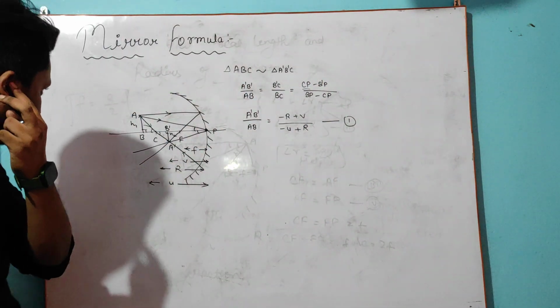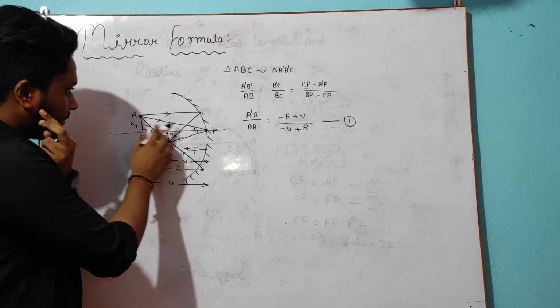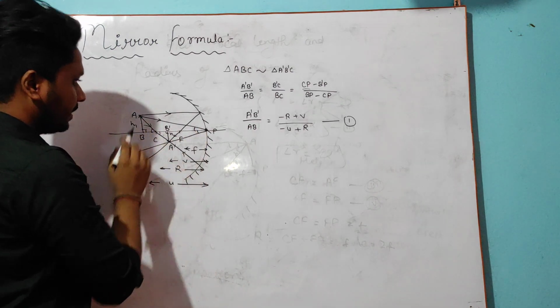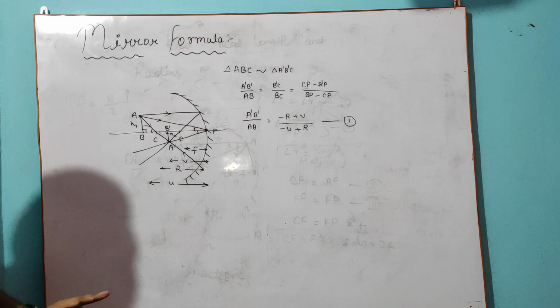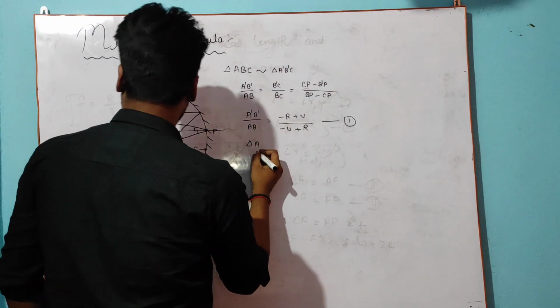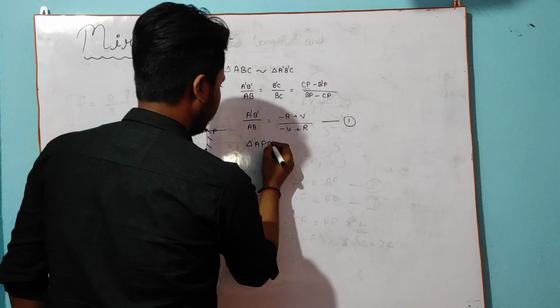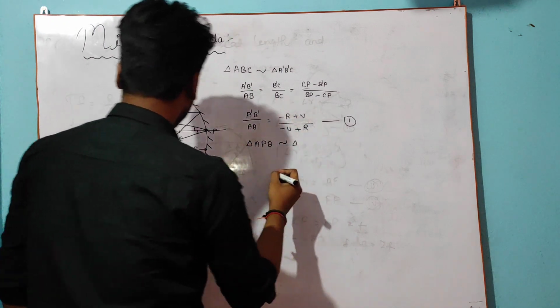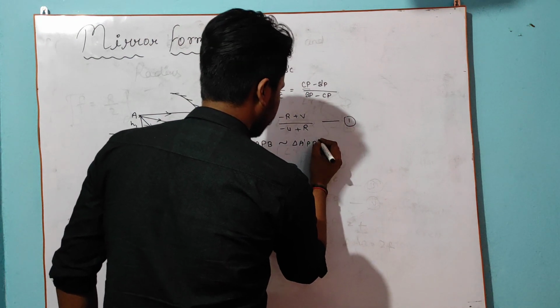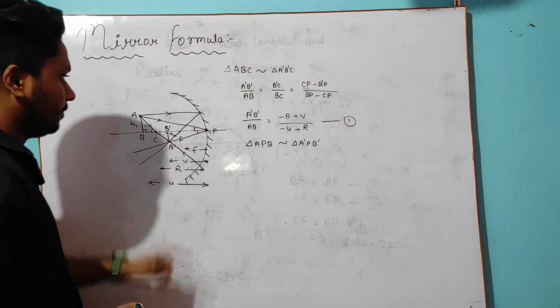Now you will see that triangle APB and triangle A dash PB dash are both similar. Okay, then triangle APB is similar to triangle A dash PB dash.